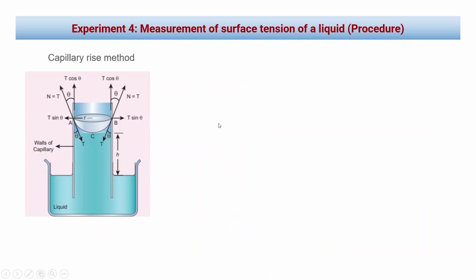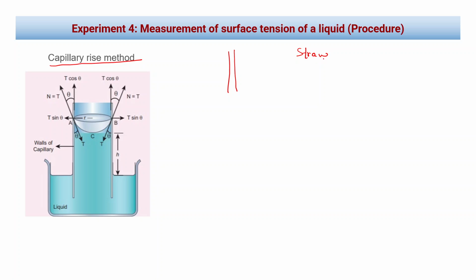Now, the method that was discussed by the professor for measuring the surface tension of a liquid is called the capillary rise method. So we'll discuss the same method. What is a capillary? If we have a hollow tube, something like a straw, we all know what a straw is, right?